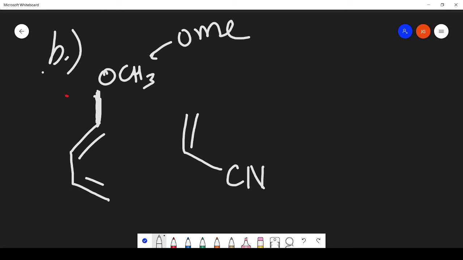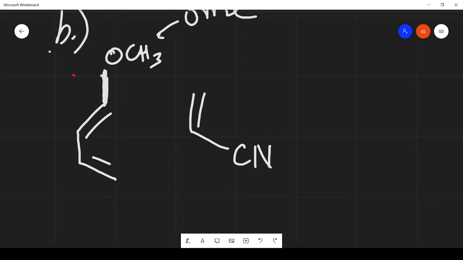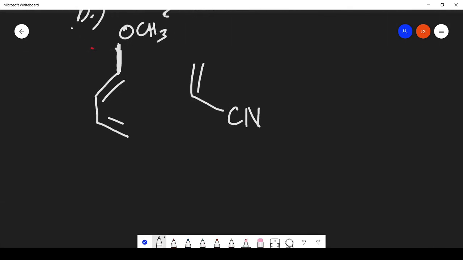And a CN. Now, again, we need to figure out the orientation of our product because these are asymmetric dienes. So, asymmetric diene and also an asymmetric dienophile. But let's focus on the diene, because if we can figure out the diene, we can figure out the dienophile.